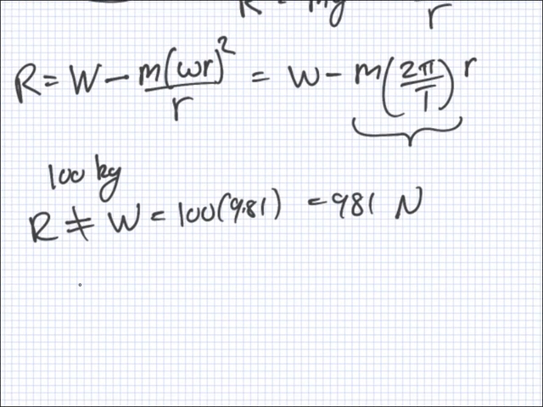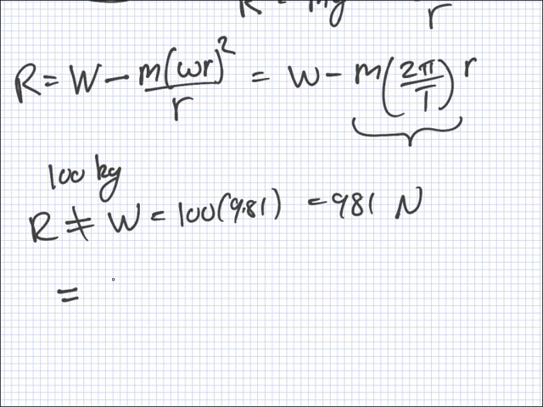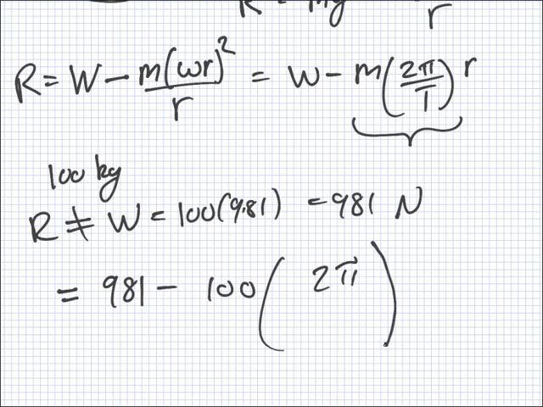So if we take out the calculators, it's 981 minus 100 times 2 pi. And Marwan, on your phone, can you type in the radius of the Earth? I think it's about 6,000. Is it? Or is that the circumference? Just type in radius of the Earth.